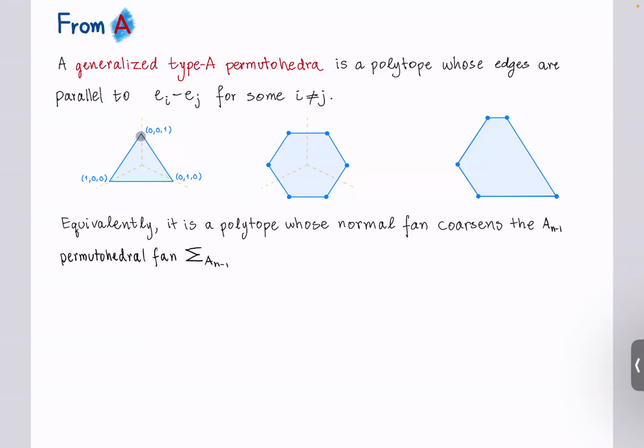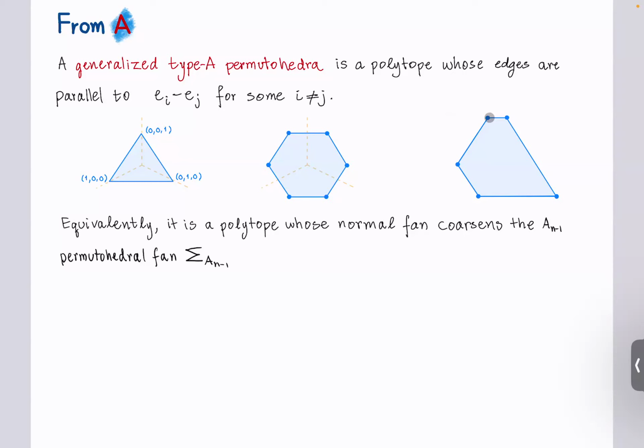So here are some examples. You can think of w being (1, 0, 0) here. In this case, you permute this point and you get this triangle, or we call it a 2-simplex in R3. And you see that we have the hexagon.